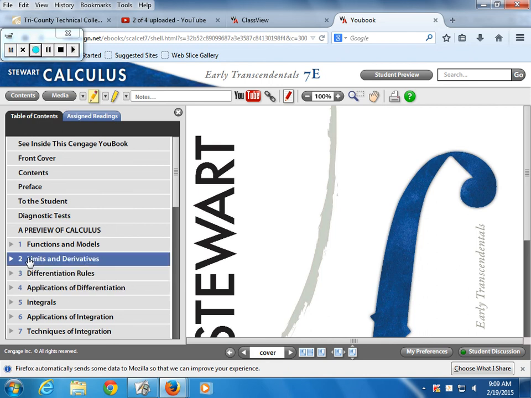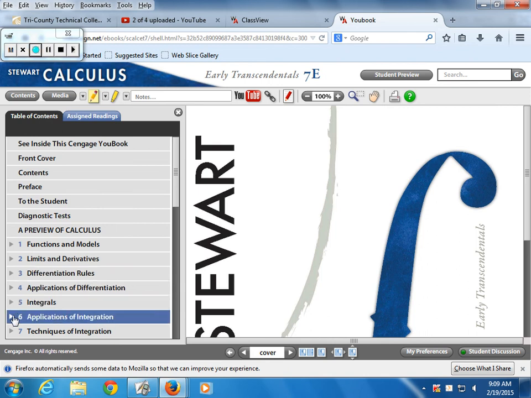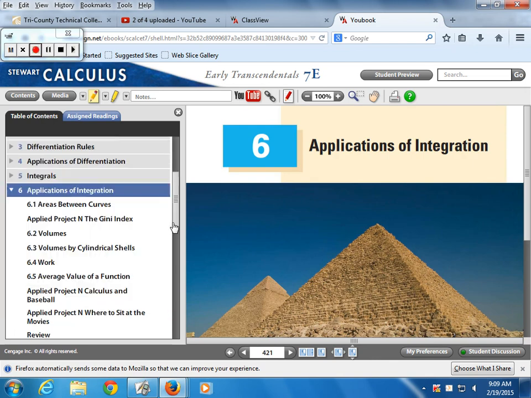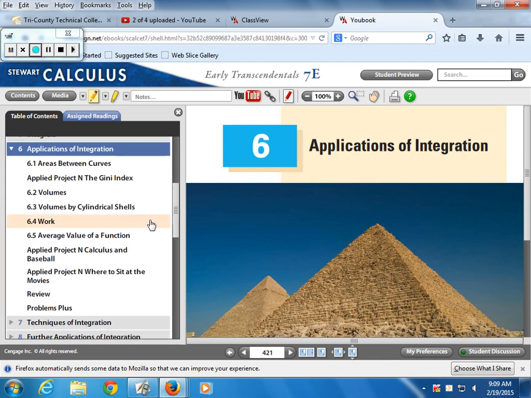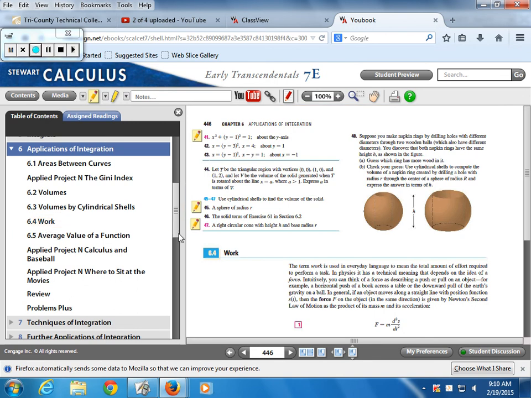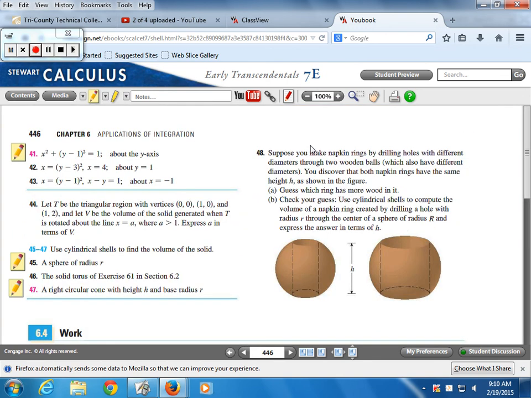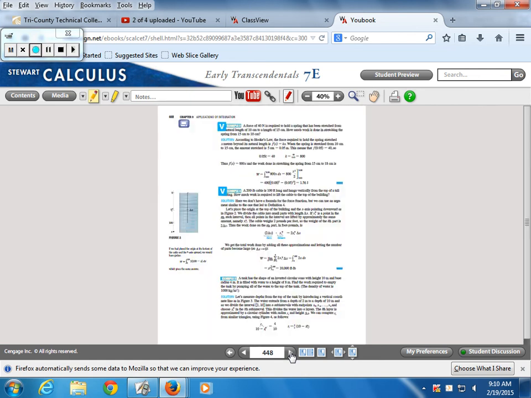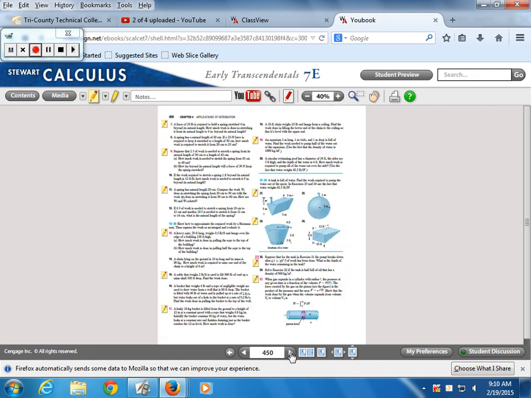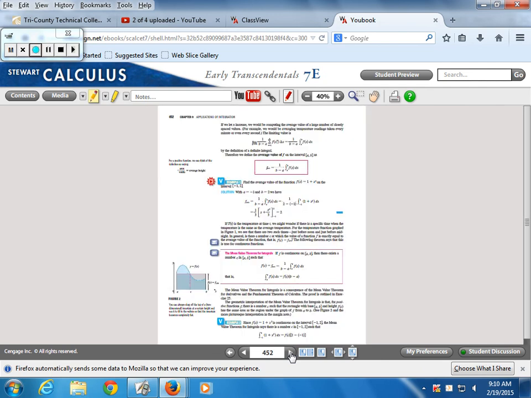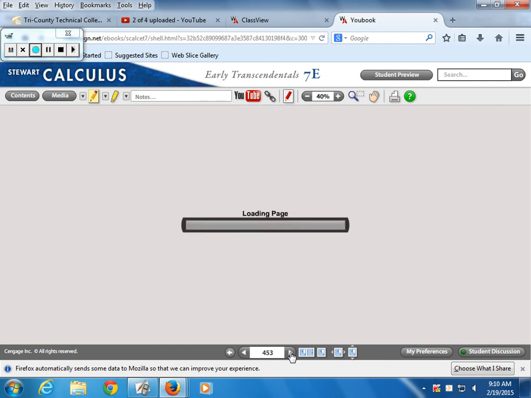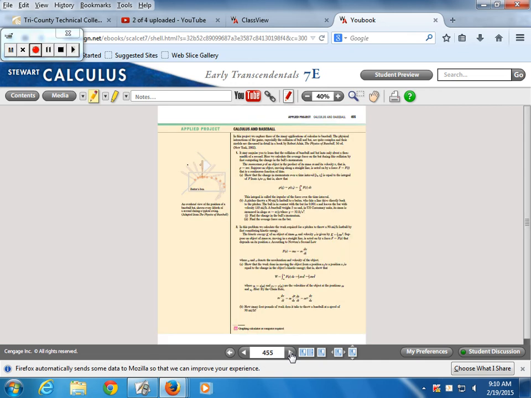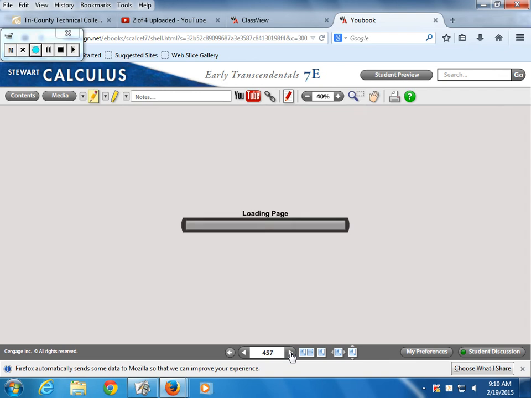This is the right book, isn't it? Application of integration. You're not going to the center of mass in this book. Is it the next chapter?